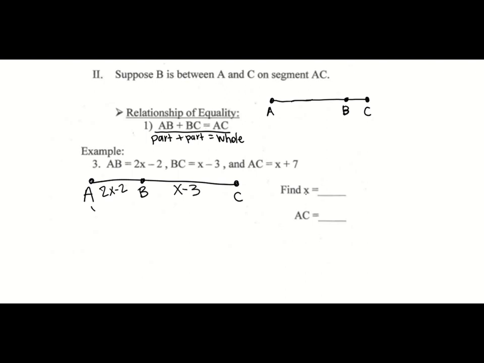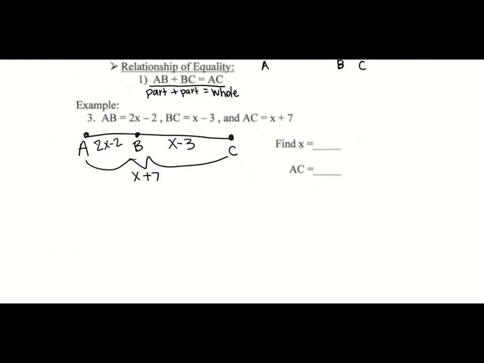And our whole line is x plus 7. So this example is going to be just like that last one, where we set up our equation where we have AB, 2x minus 2, plus BC, x minus 3, equals our whole line. So our part plus our part equals the whole.